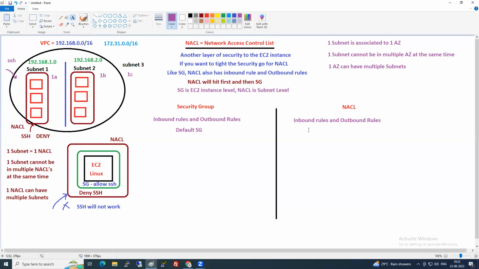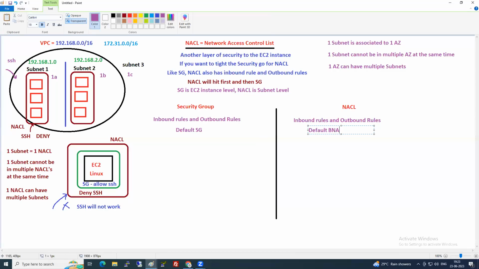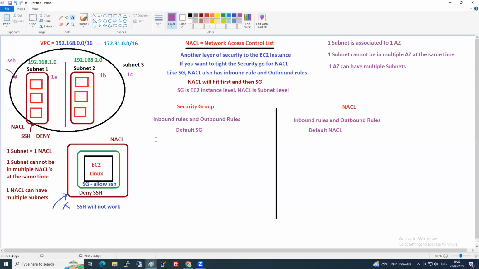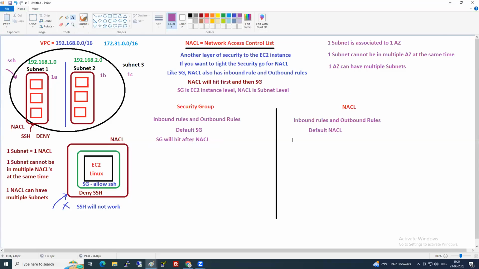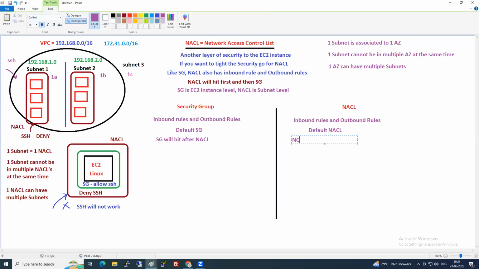Yes. Do we have a default NACL here? Super. Okay, which one will hit first? Here, NACL will hit first and then security group.